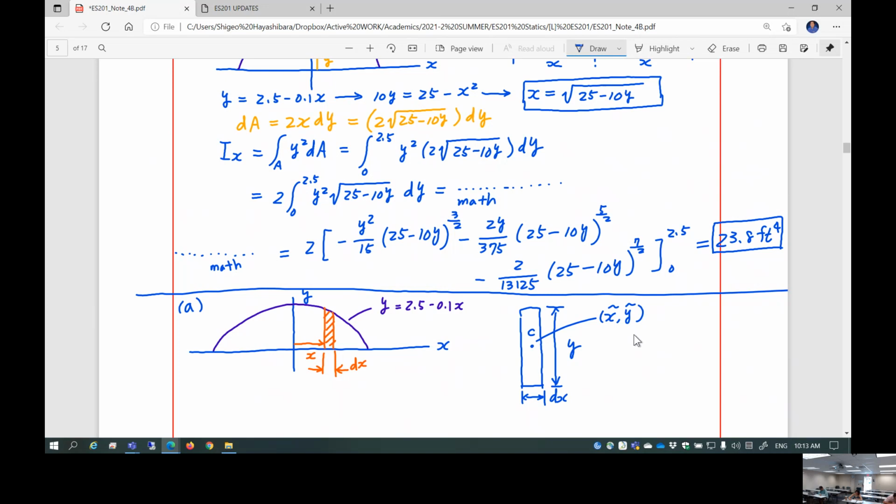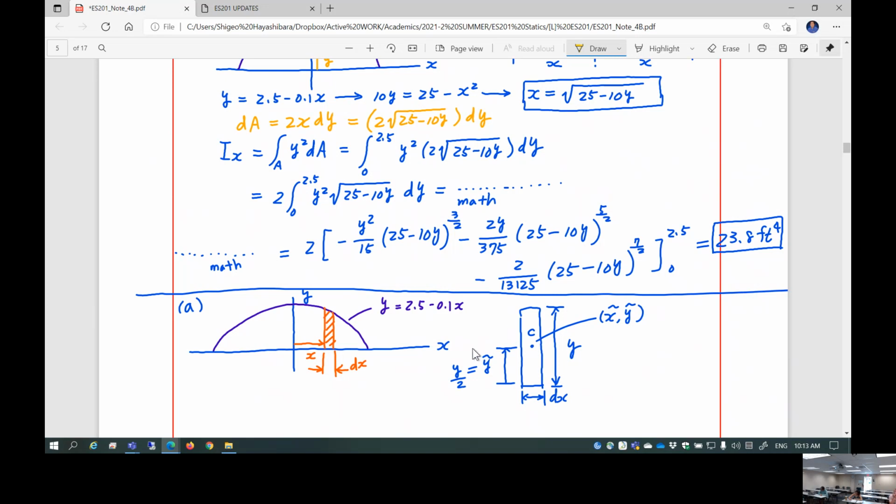And obviously this y tilde is essentially half of y. That's what the location of the centroid is. This is a rectangular cross-section.